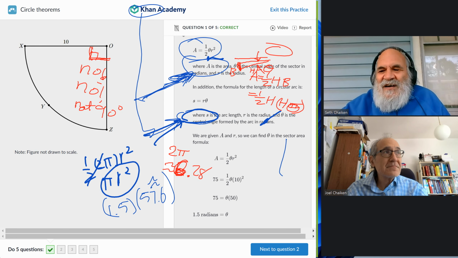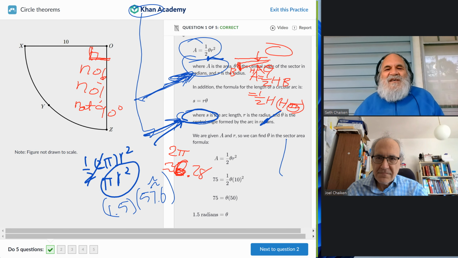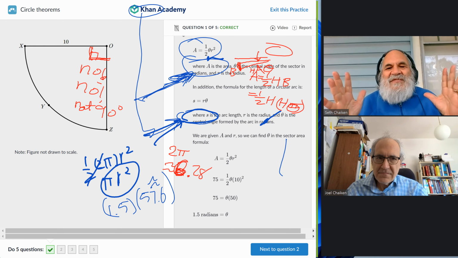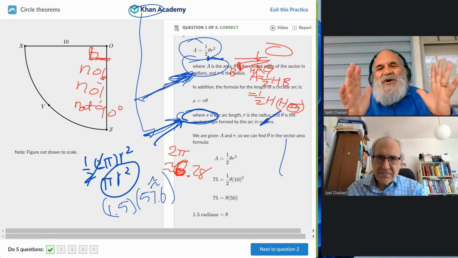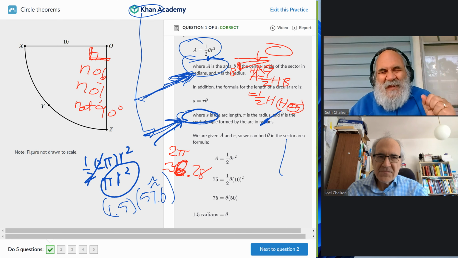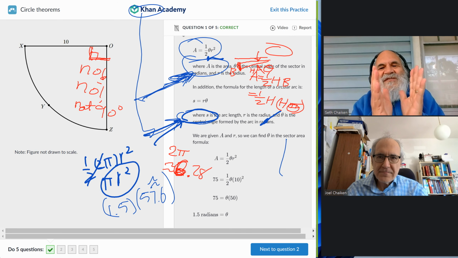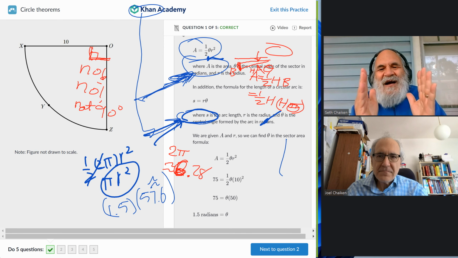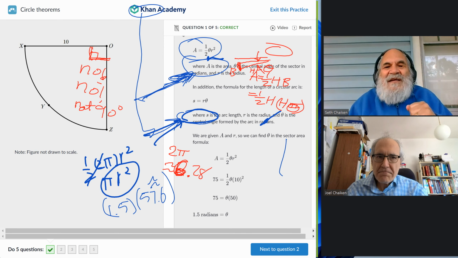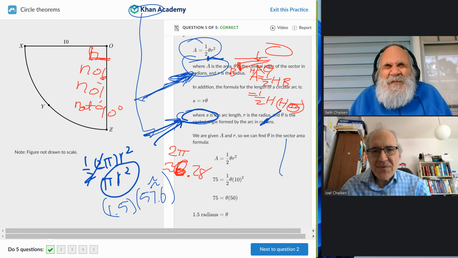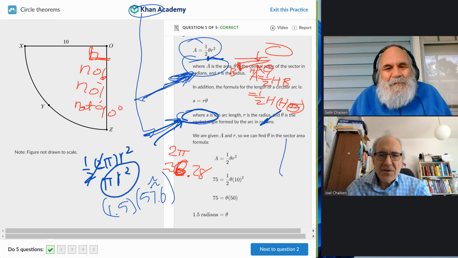It's not just the scale that is wrong, the aspect ratio is wrong too. The figure is squeezed and rotated. In geometry, you never assume anything unless you are told. You're not allowed to do any of that.